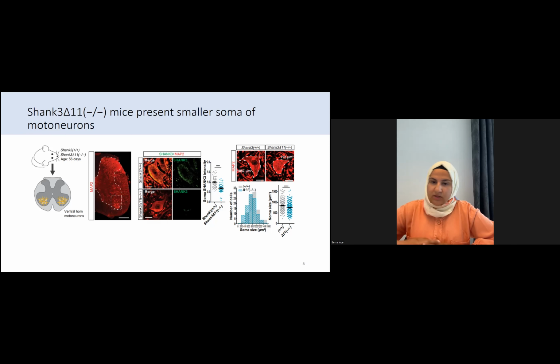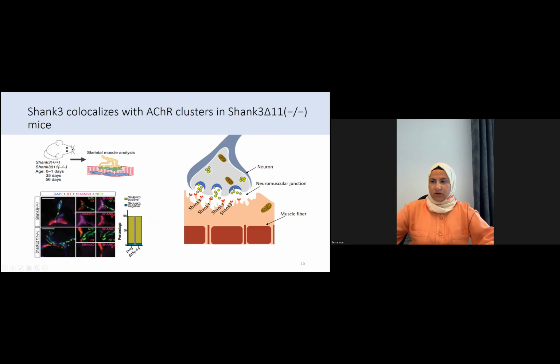And then we also stained against SHANK3, and we revealed that those mice have less SHANK3 intensity in the soma of the motor neurons. And also the soma size was decreased in the SHANK3 knockout mice.